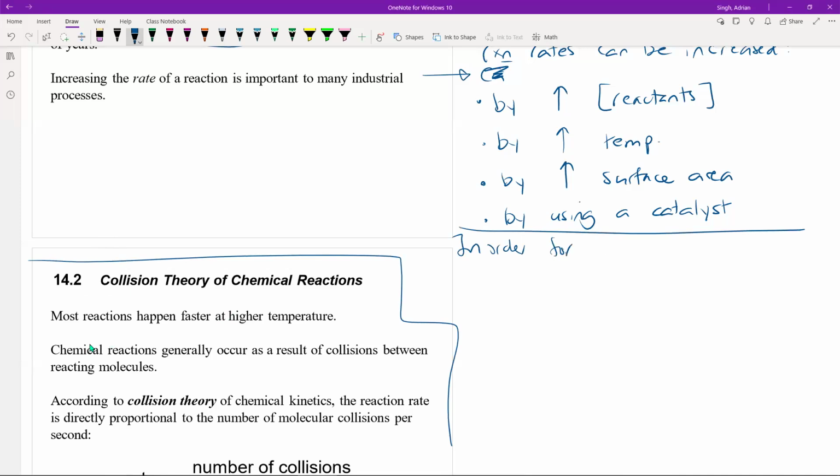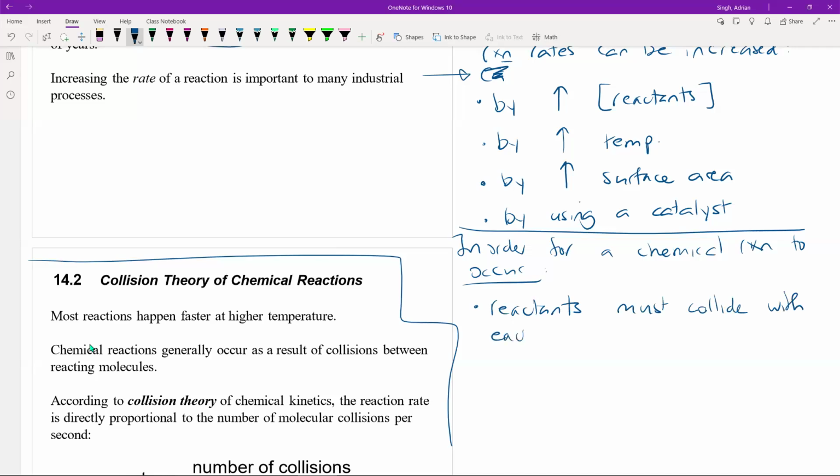In order for a chemical reaction to happen, several things need to be in place. The reacting particles must collide. So the reactants must essentially impact each other.